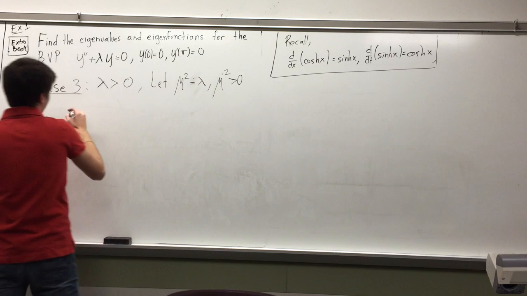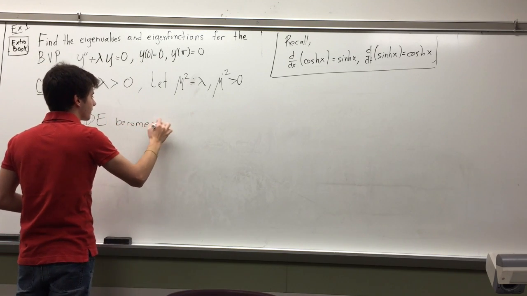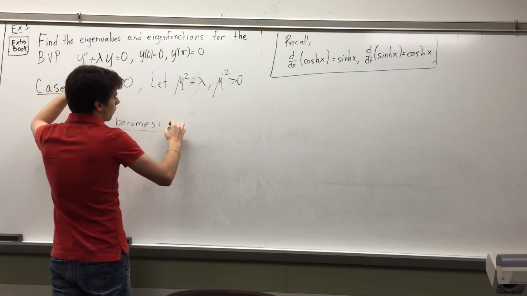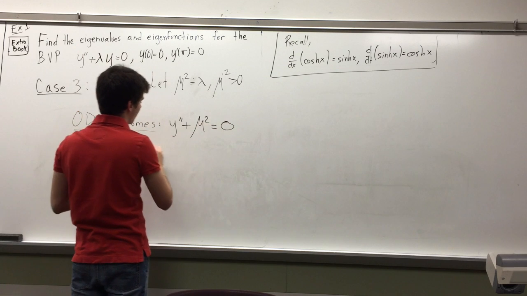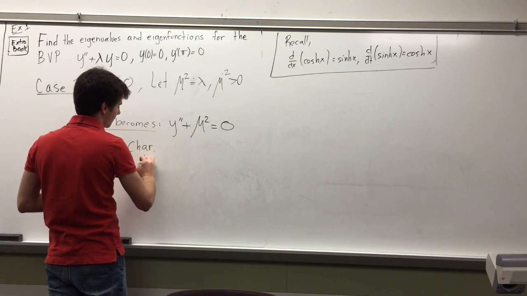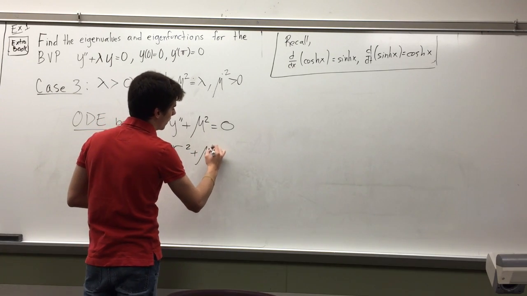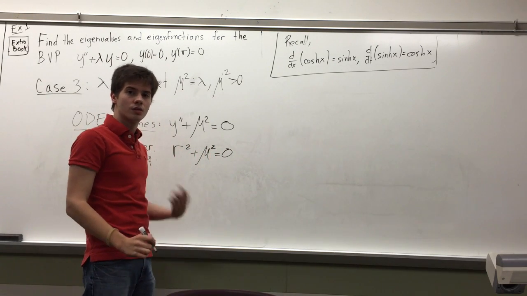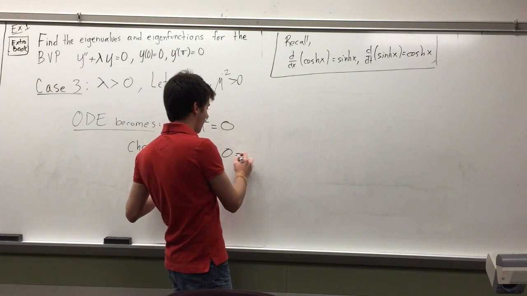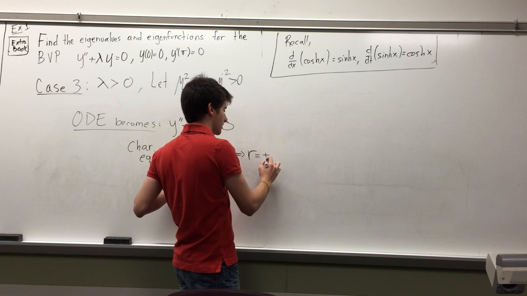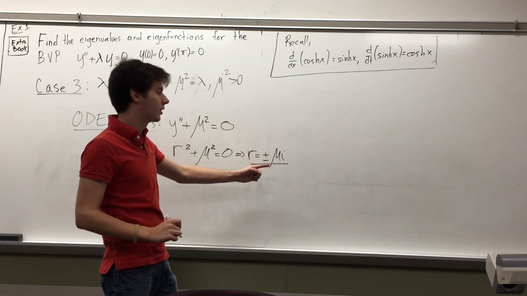Then our ODE becomes y double prime plus mu squared y is equal to 0, and our characteristic equation is r squared plus mu squared is equal to 0. So from here, if we solve our characteristic equation, we have that r is equal to plus or minus mu i, where i is the imaginary number.